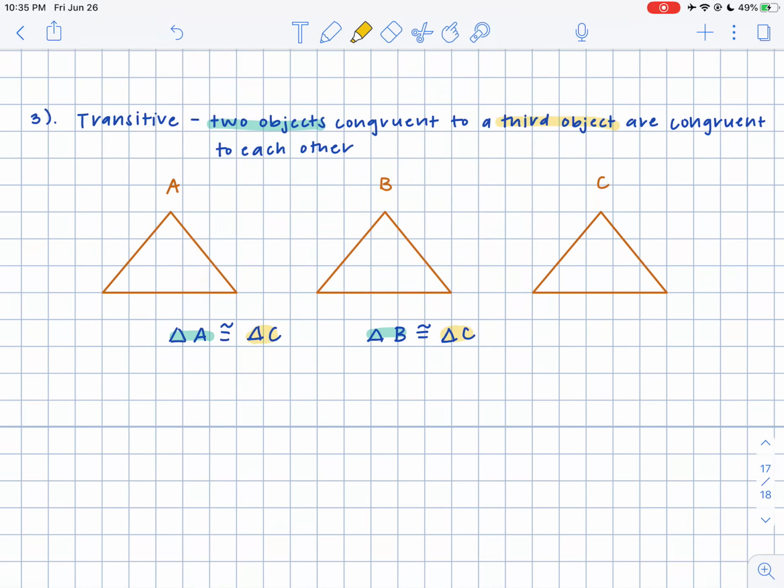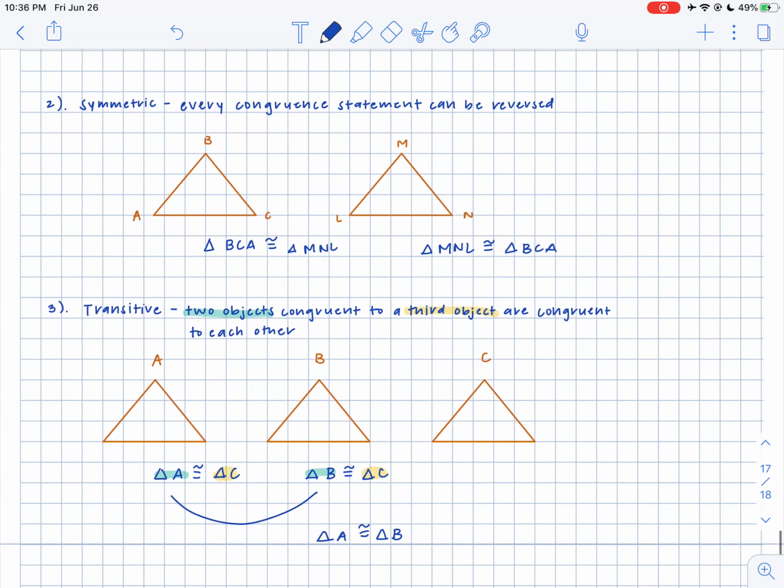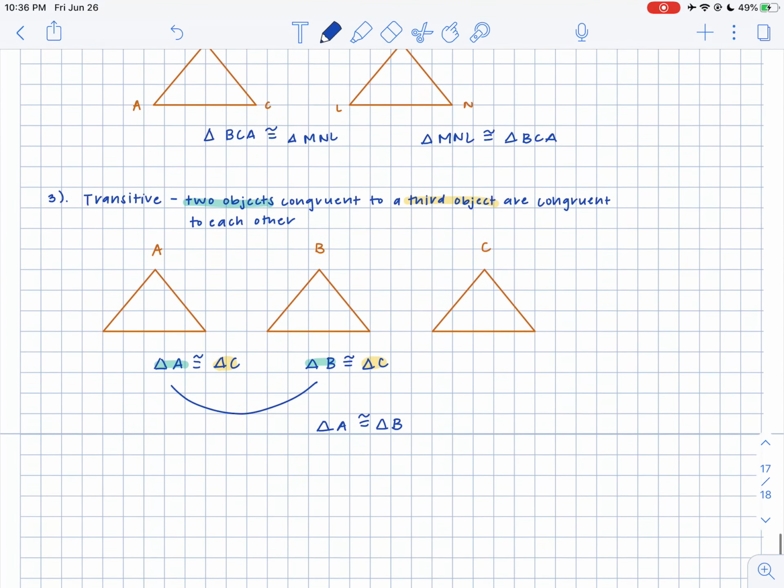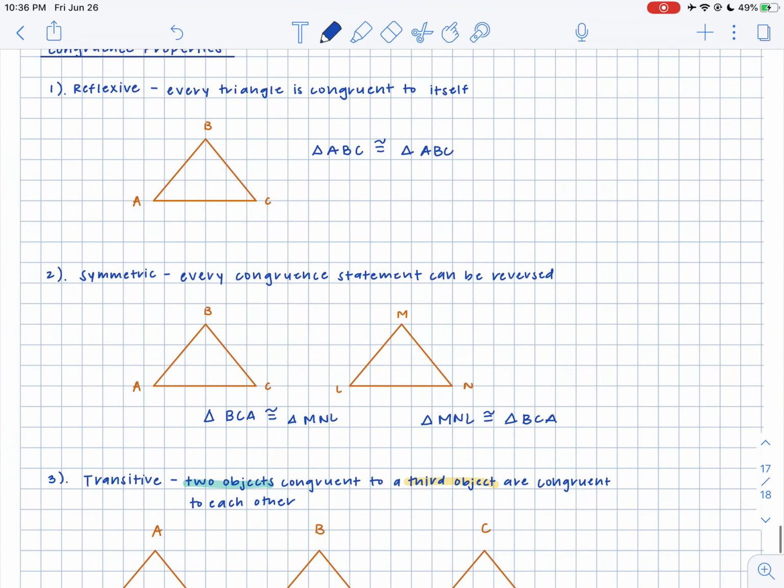This third object is C. So A and B must be congruent to each other. So we can also conclude that triangle A is congruent to triangle B. Okay? And these properties are going to be important for proofs.